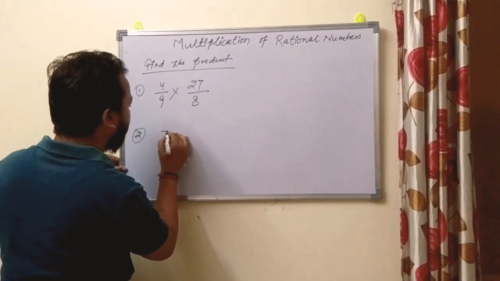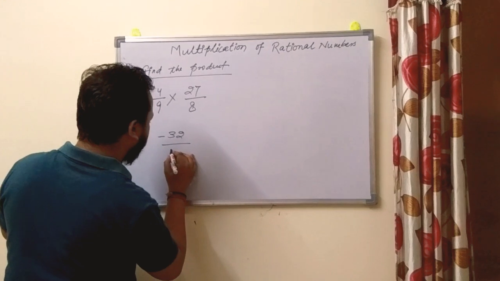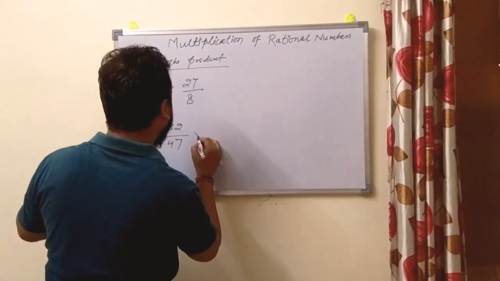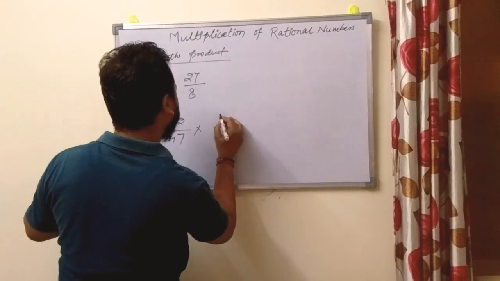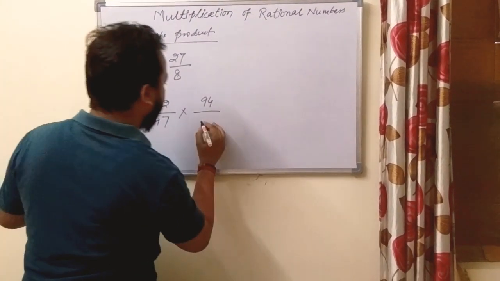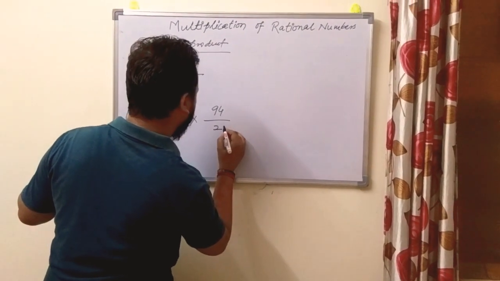Second is minus 32 upon 47 multiplied by 94 divided by 25.